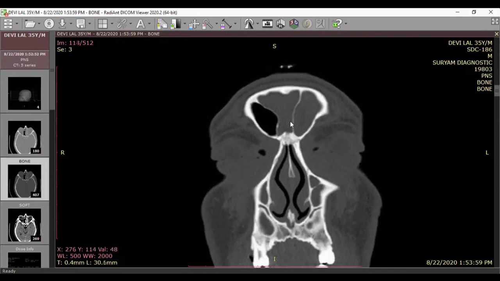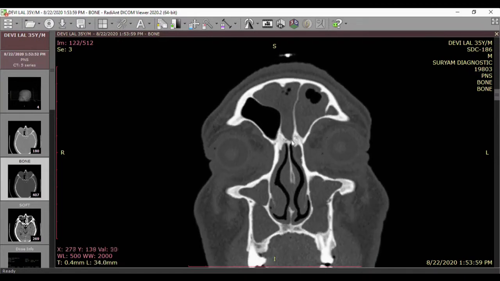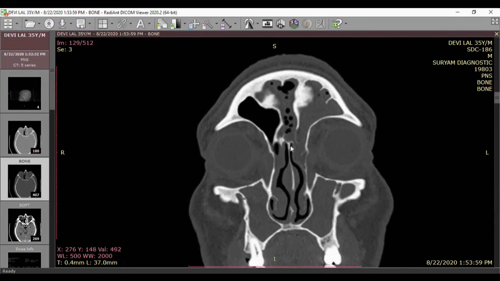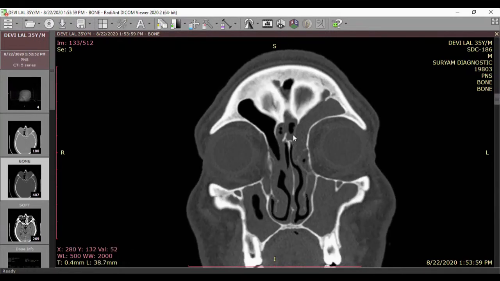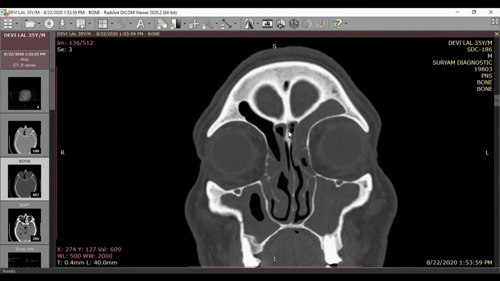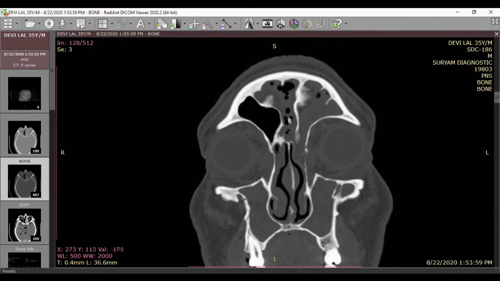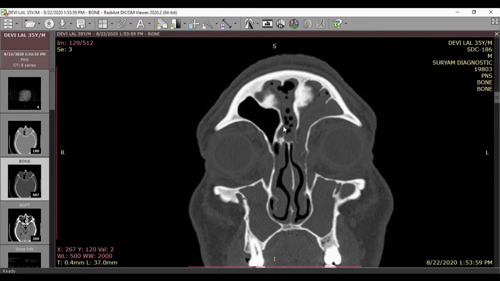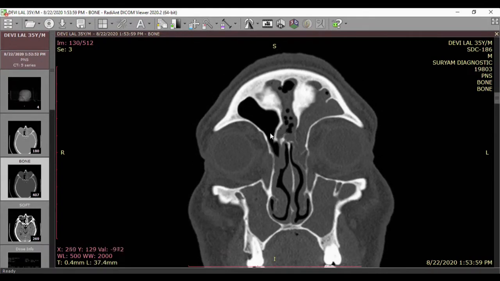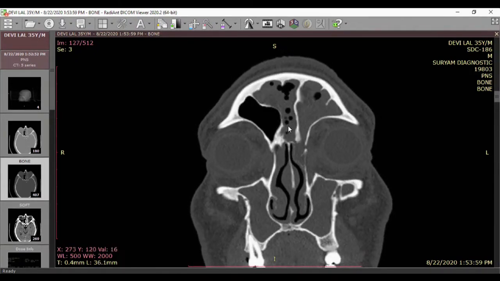See where my cursor is, what is this? This is an intersinus septal cell, which is communicating with the frontal sinus at the frontal recess level, behind. See, this is such a big intersinus septal cell, and it has pushed the frontal drainage pathway far laterally, and the aeration of this cell itself is blocked, and you can see the opacity there.